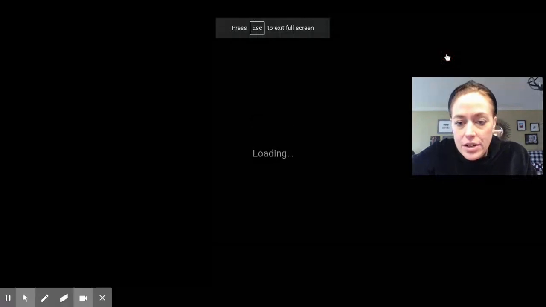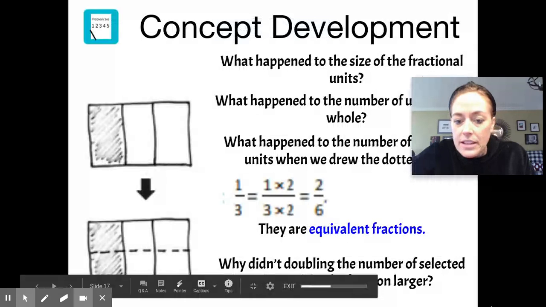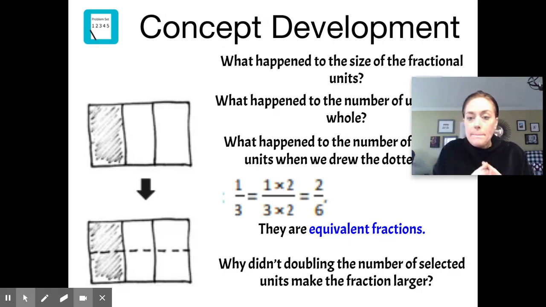The question is, why didn't doubling the number make the fraction larger? So why didn't it make the fraction larger? And you're saying, well, actually the fraction is larger, but it's really not, right? Because we're saying they're equivalent.